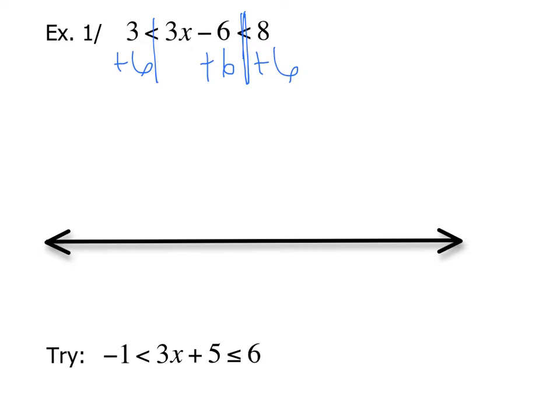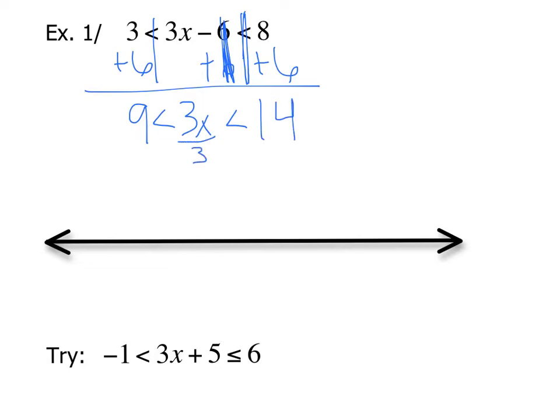Like I said, it's going to look a little weird at first, but it's pretty simple. 3 plus 6, 9. Inequality comes down. 3x comes down. These cancel. 8 plus 6, 14. And then what would you do?